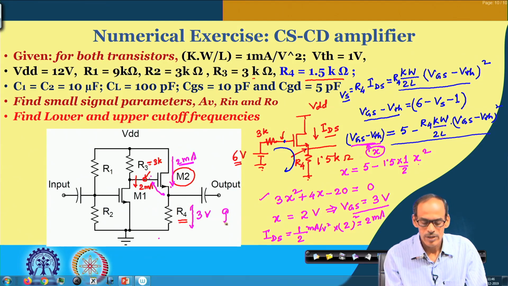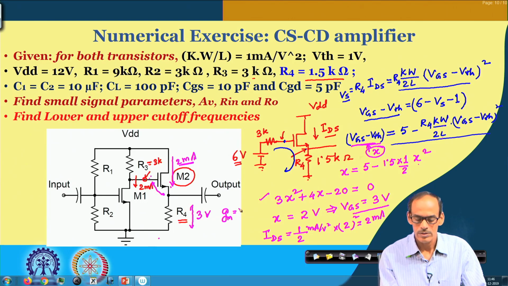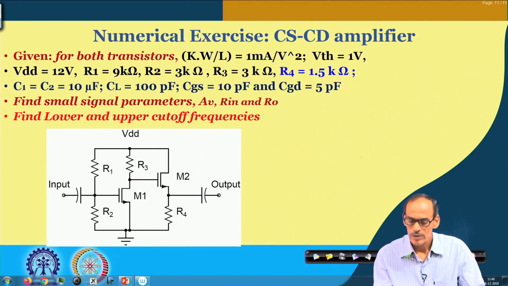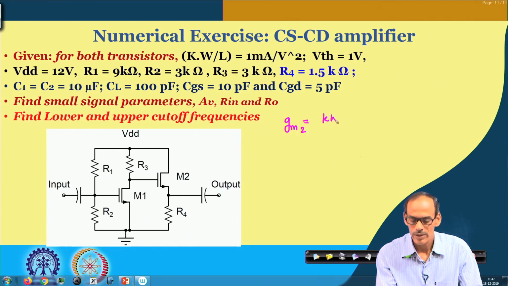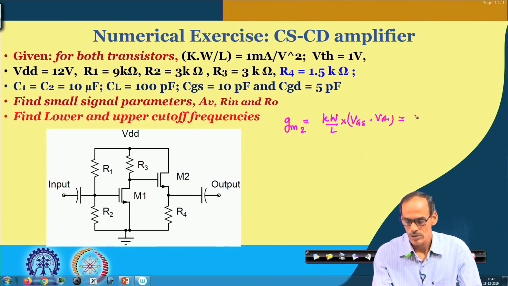So, the GM of transistor 2, we do have K W by L into VGS minus VTH. So, here also we got GM 2 equals 2 milliampere per volt.